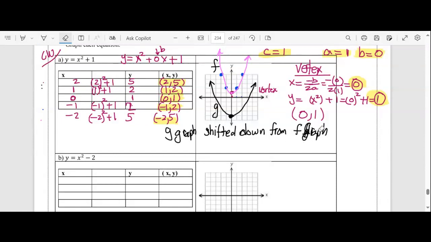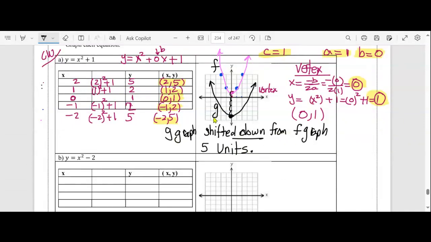Shifted down from the F graph by how many units? Let's count. 1, 2, 3, 4, 5. So G is shifted up or down? G is shifted down. How many? 5 units. Is this clear?